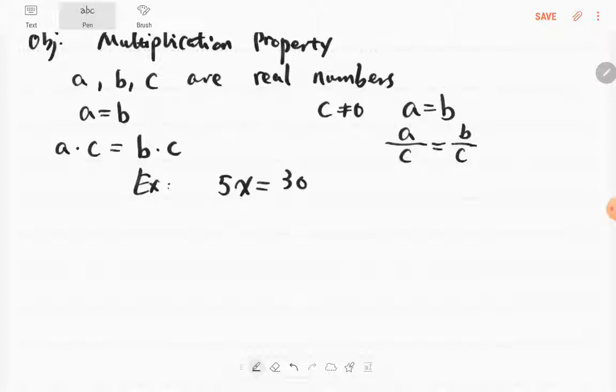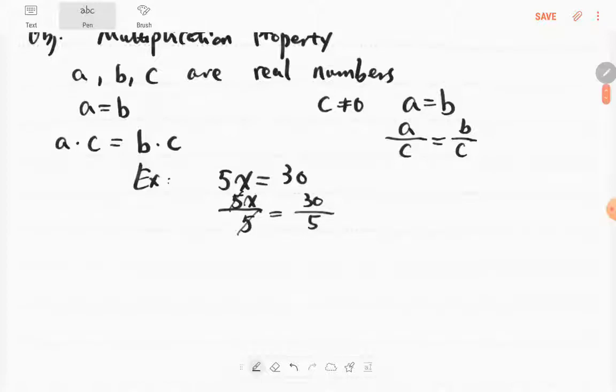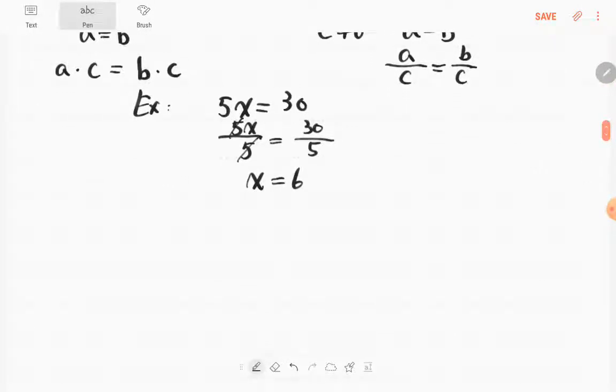We divide both sides by 5. Then we will have x equals 6 divided by 5 for both sides.